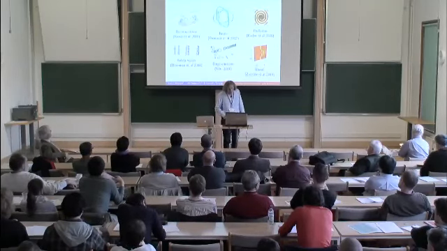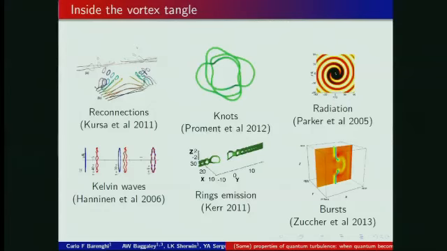So let's go back to the tangle of vortices, of which you've seen this little movie. I want to highlight some of the physics, the phenomena which go on inside. There are actually many things. It's a fascinating problem. For example, reconnections. There are many recent papers on reconnections.